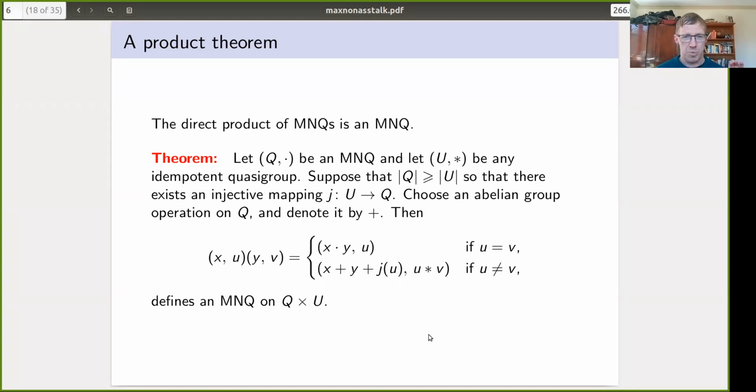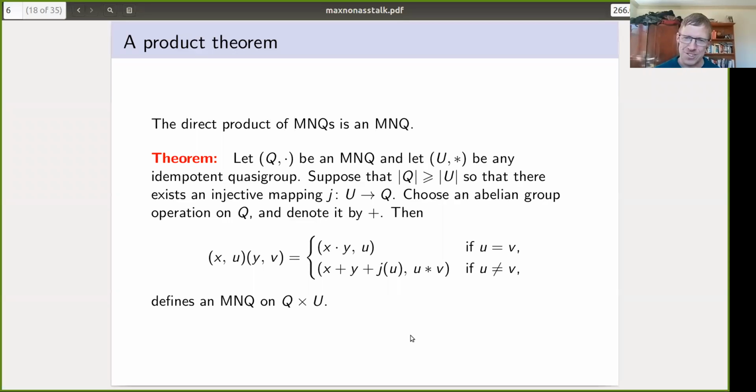So you take a product, but only one of your factors needs to be maximally non-associative. The other can be any idempotent quasi-group you like, as long as it's smaller than the maximally non-associative quasi-group you're taking. So you have those two binary operations, and you introduce a third binary operation, which is an abelian group structure on your maximally non-associative quasi-group.